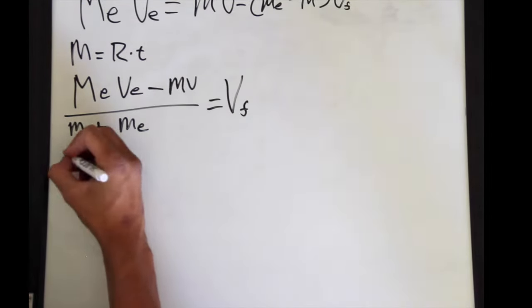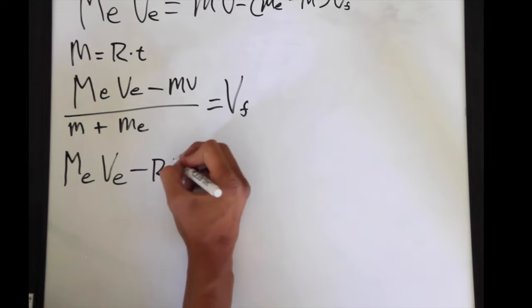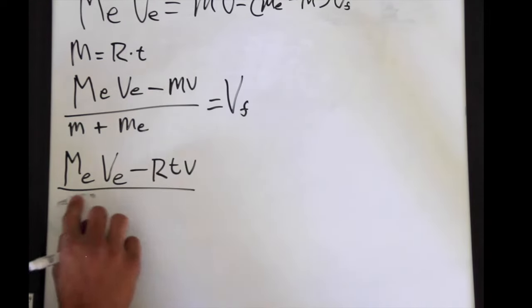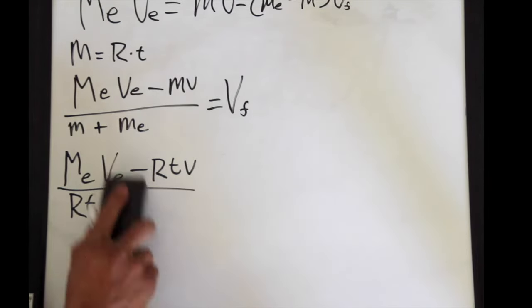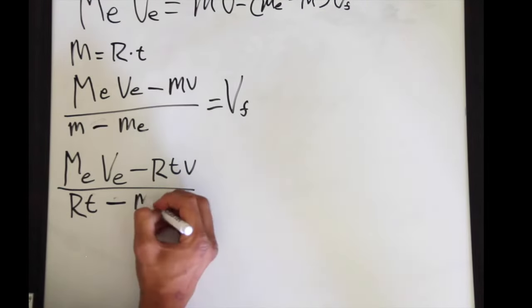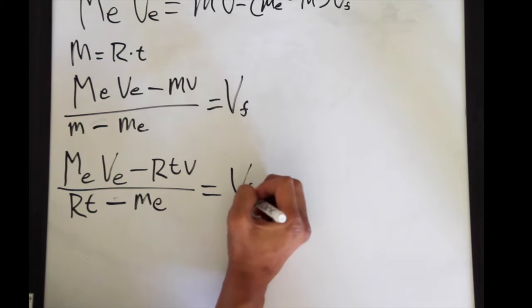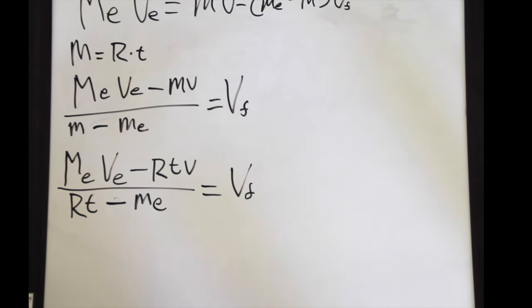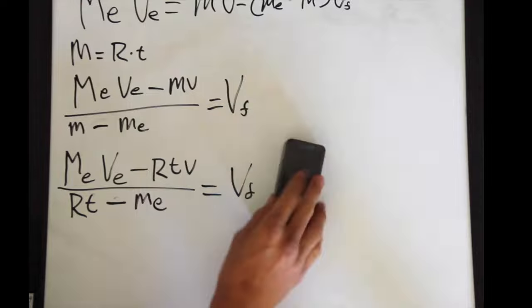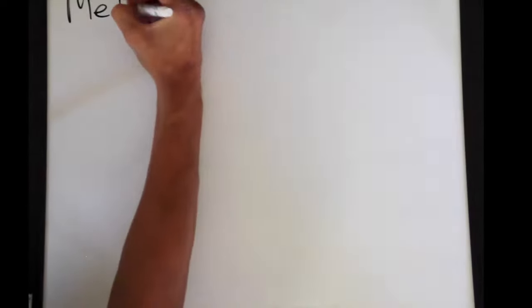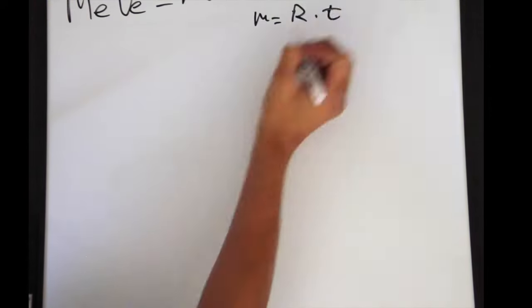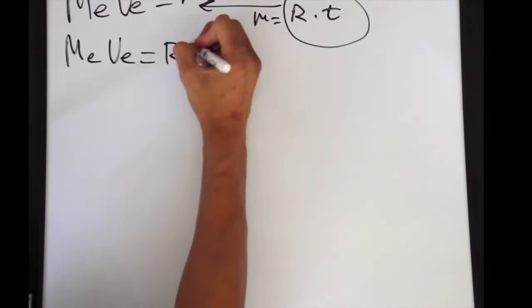Then our mass term can be replaced by mass as a function of time, where m equals rt, where r is the constant rate we discussed earlier. This new equation lets us solve for any variable we want. Here is an example of one of the applications.